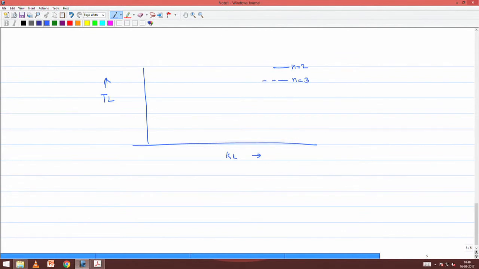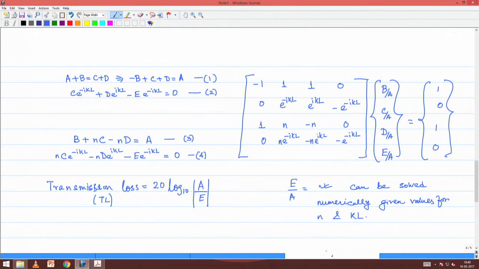But at this stage it is really difficult to derive from first principles what this plot will be looking like, because it is a mammoth 4 by 4 equation, and it is actually pretty difficult to solve it in pen and paper.